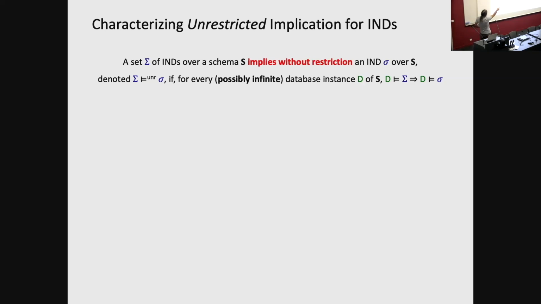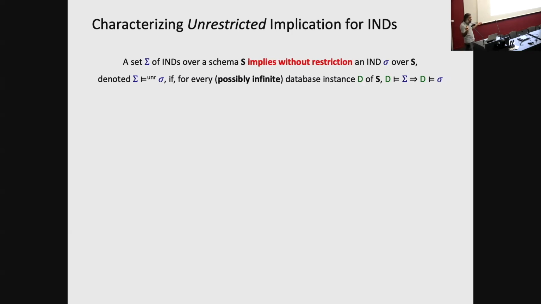But here now, with the chase that we just developed, the only thing that we can characterize is implication where both finite and infinite databases are taken into account. And this is what I mean by unrestricted. It means that also infinite databases now come into the picture, right? And in principle, the unrestricted implication and the restricted one, in the sense that only finite databases are considered, are equivalent.